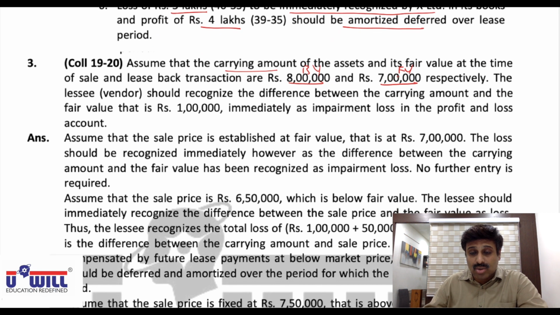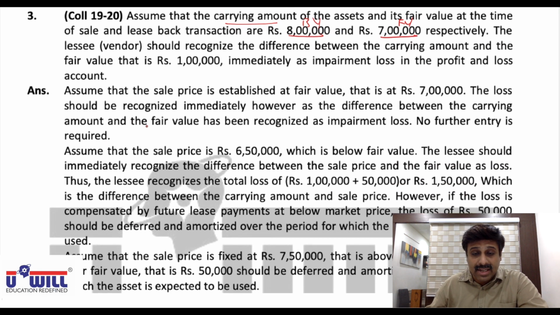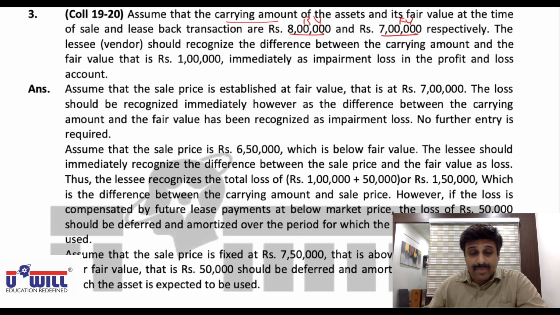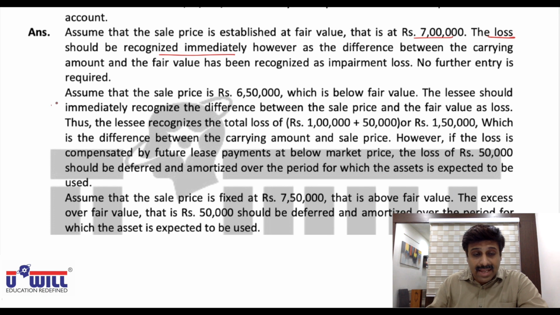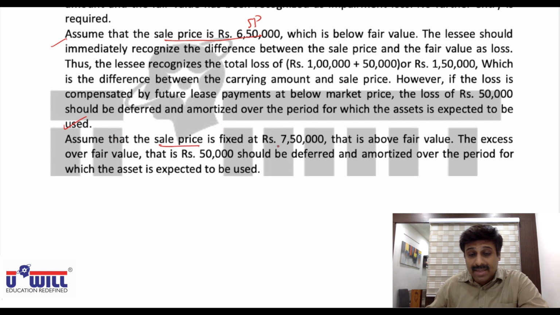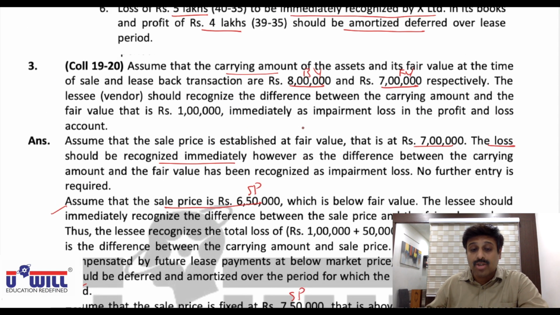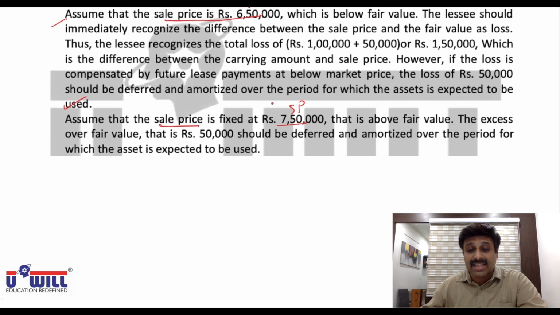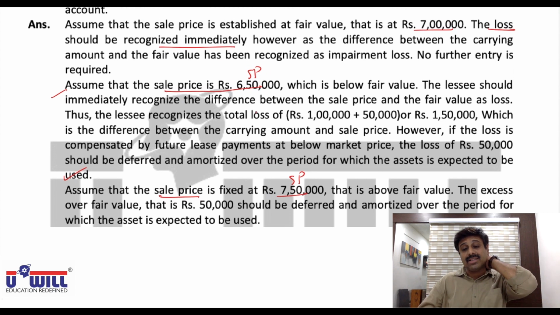Fair value is less, so the loss will be taken to the P&L account immediately. That is what they have taken. Here 7 lakhs is given, so the loss should be recognized immediately. In the next paragraph, selling price is given as 6,50,000, so you make that table and compare it. And selling price is given as 7,50,000. So you compare it with book value, fair value and selling price and find out whether your answer matches or not.